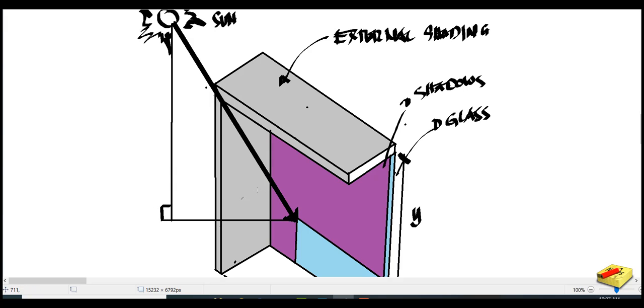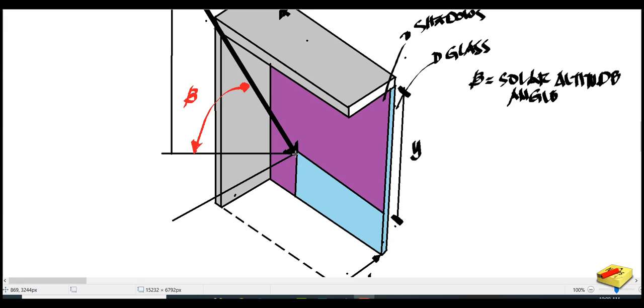And this angle, okay, to represent it we change the color, this angle is represented by the solar altitude angle. So this is called the solar altitude angle. Okay.